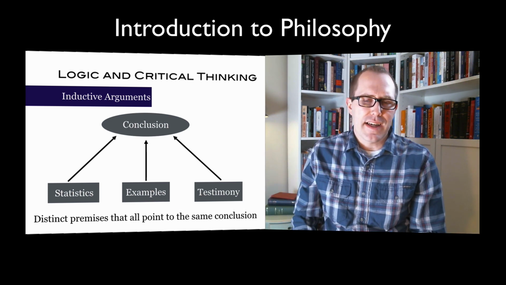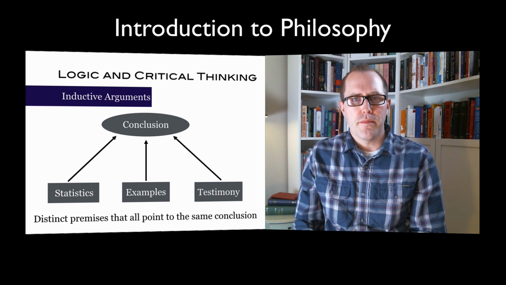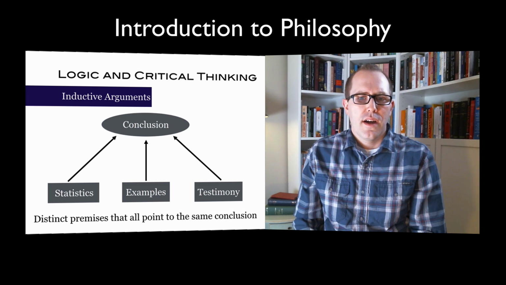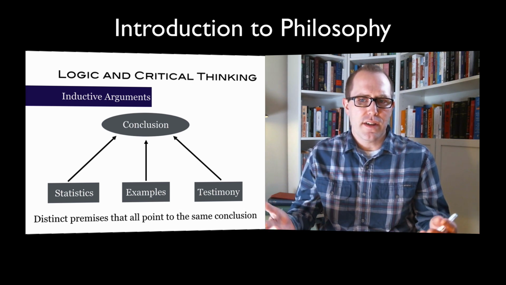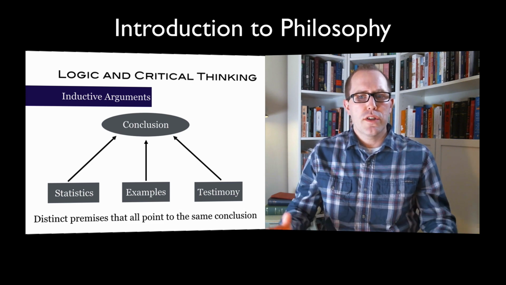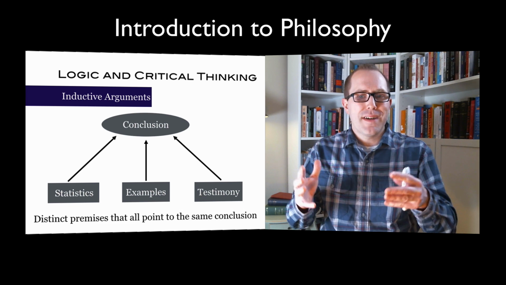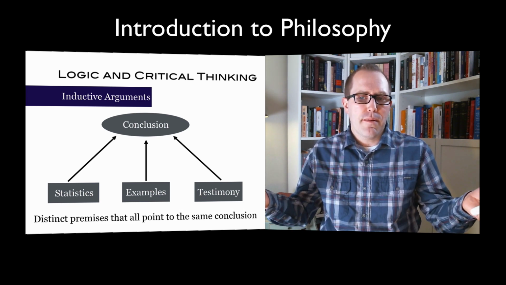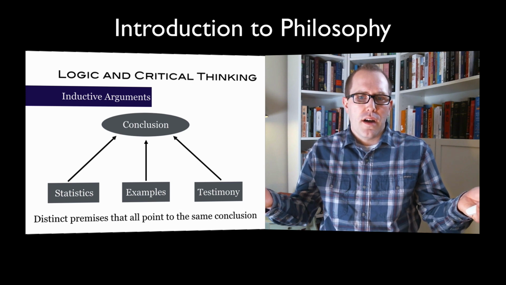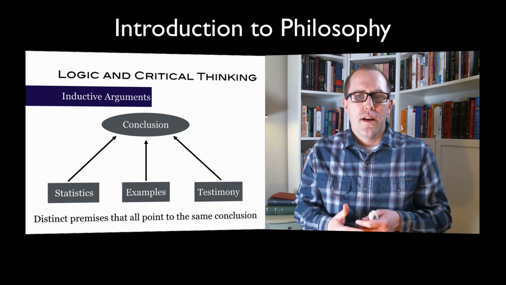And then maybe you have a testimony that also leads to a certain conclusion. And remember, these are probabilistic cases, not certain cases. What you do is put all the different lines of evidence together that might form distinct premises, but they are all pointing to the same conclusion. So this is how inductive arguments work.